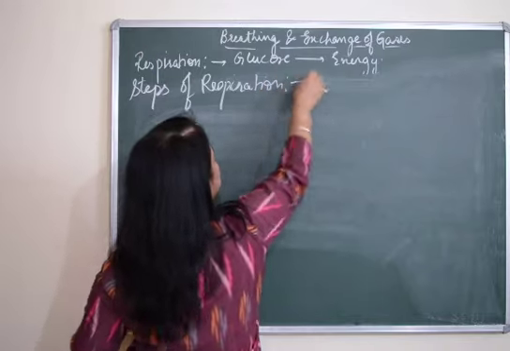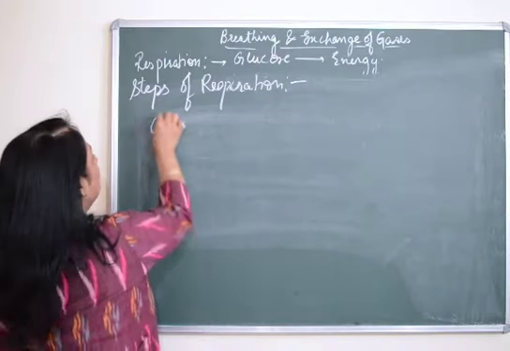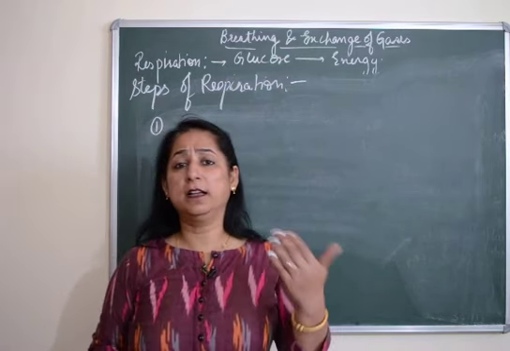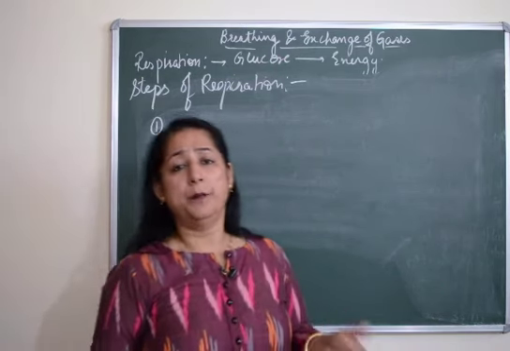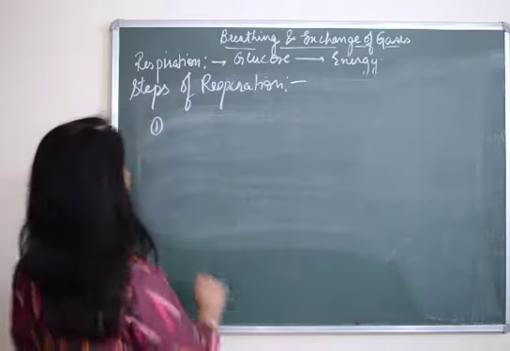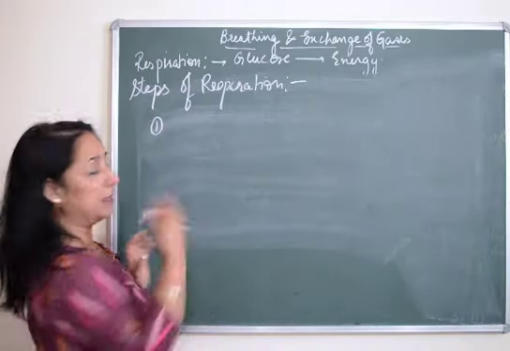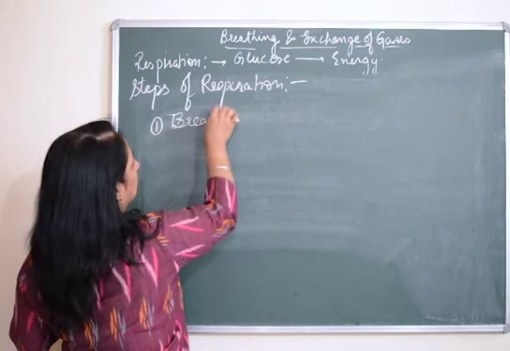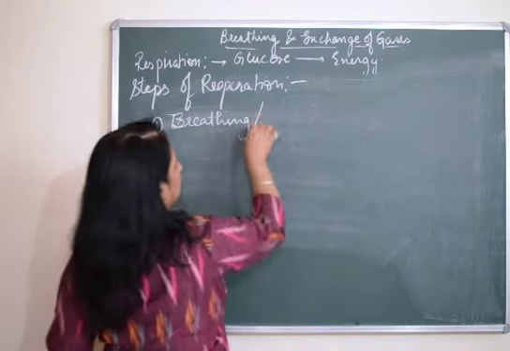Now, what is the sequence of steps? The first one is where air is taken inside the body. So the first step is taking in air, or breathing. Breathing we also call ventilating.